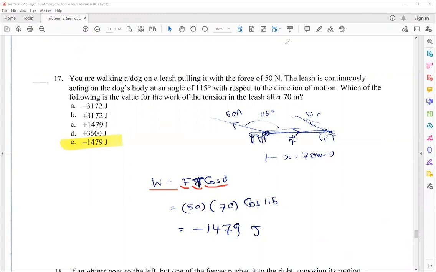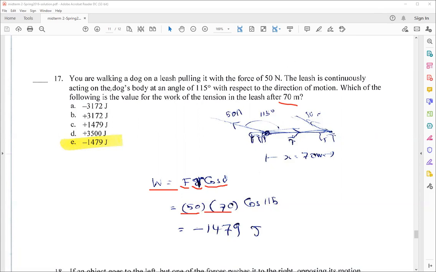Now here, in this case, the force I'm acting with is 50 newtons. We're provided with the displacement, which is 17 meters, and also the angle.